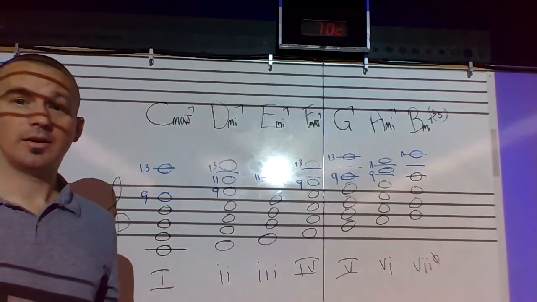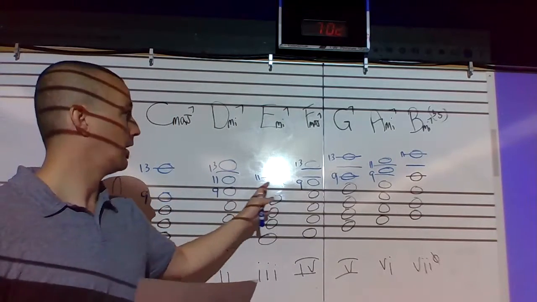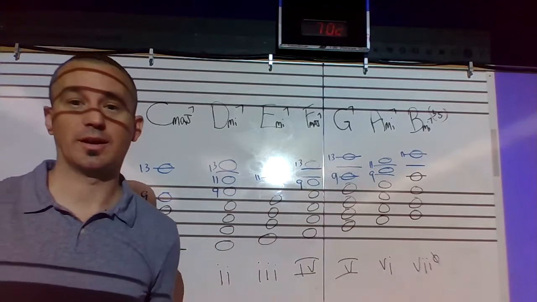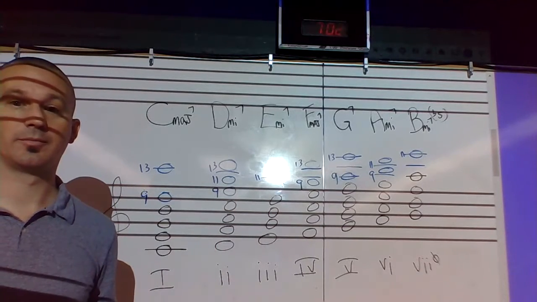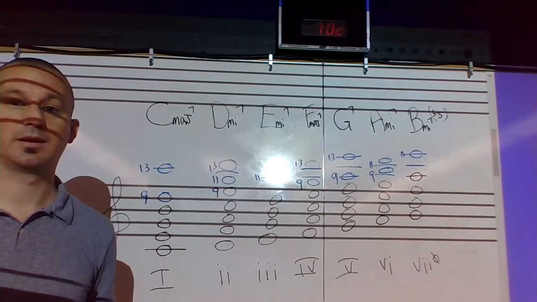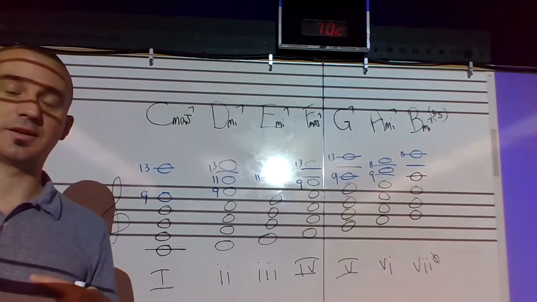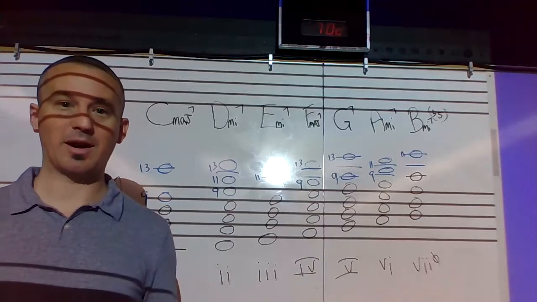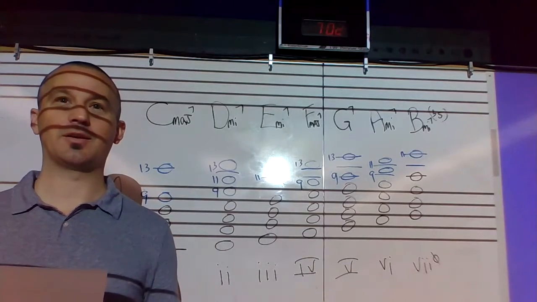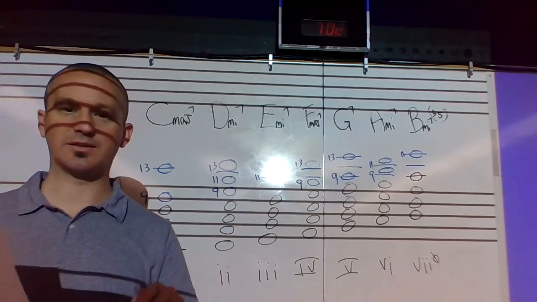Okay, now you can look at this, and these are all of your available extensions on each chord. What does that mean? That means that when you're choosing a voicing, remember when we started this whole thing, way back when we were talking about triads, we talked about the difference between a spelling and a voicing.